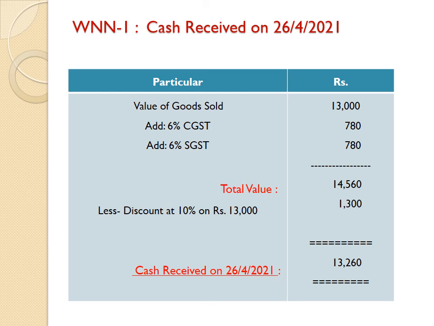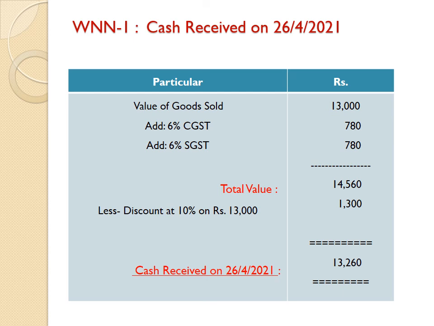So add 6% CGST, that is central. 6% of 13,000 came to rupees 780. Additional 6% of state, that is 6% SGST, again 780. Total of these termed as total value of goods sold.